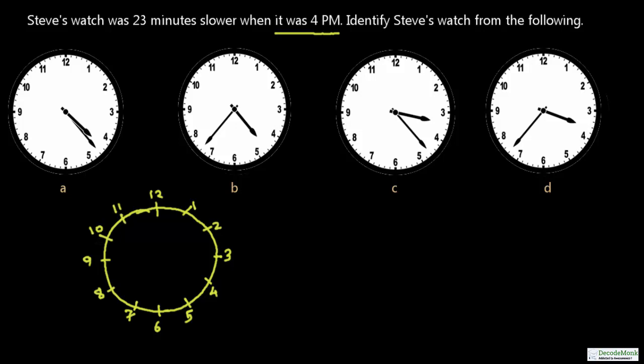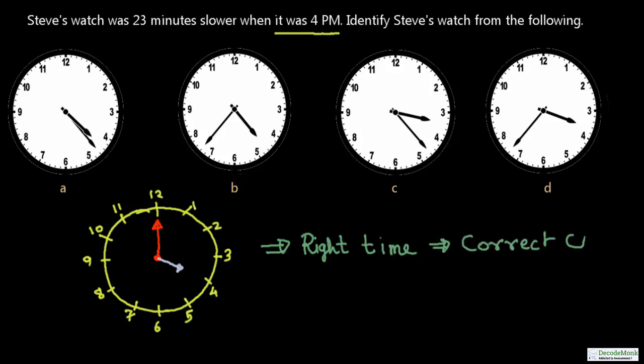If the watch was correct, the minute hand would have been at 12 and the hour hand would have been at 4. So this is how the actual clock should look if the timing were correct.